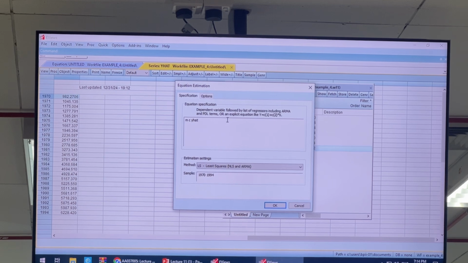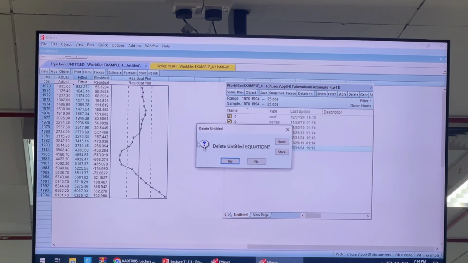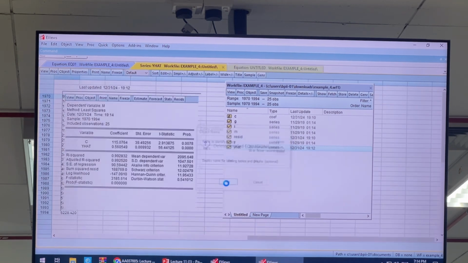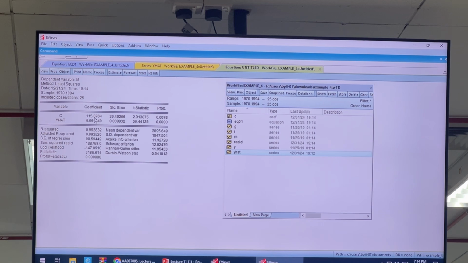In stage 2, you regress using OLS against y hat in order to get the estimate for the second equation. So you get the estimates. This gives the estimates for beta 0 and beta 1 of equation 7.